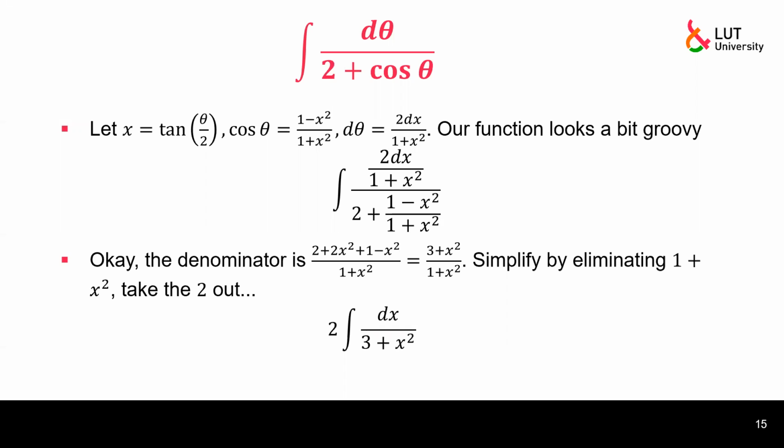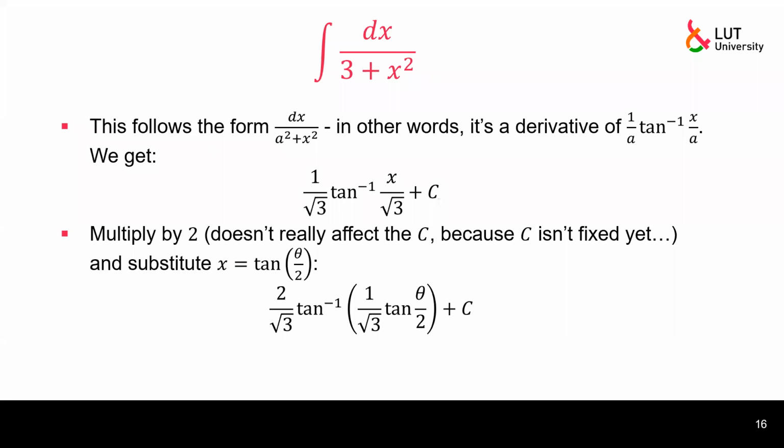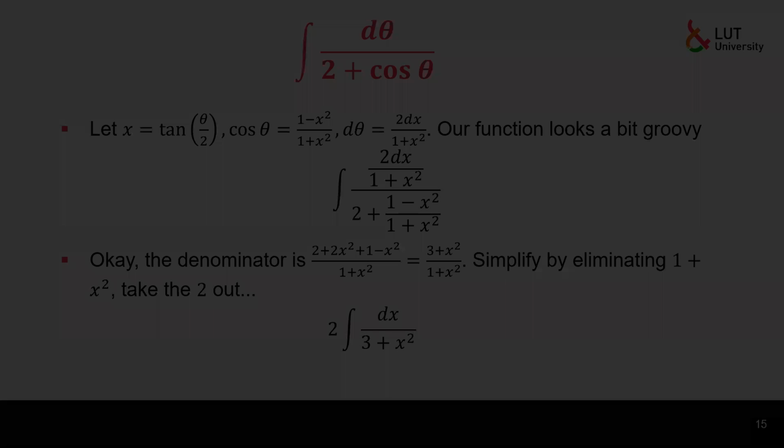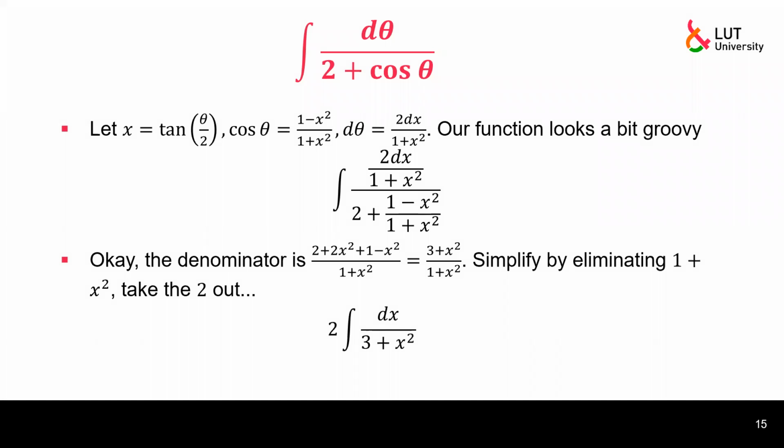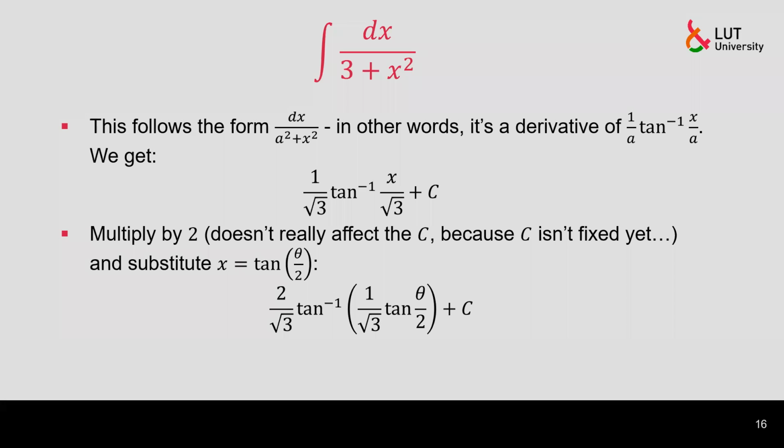This should look familiar already, because if it is of that form, we can express the integral as 1 over a times arctangent of x over a. The a here is the square root of 3. Multiply by 2, since we had this 2 over there. So let's try that one.